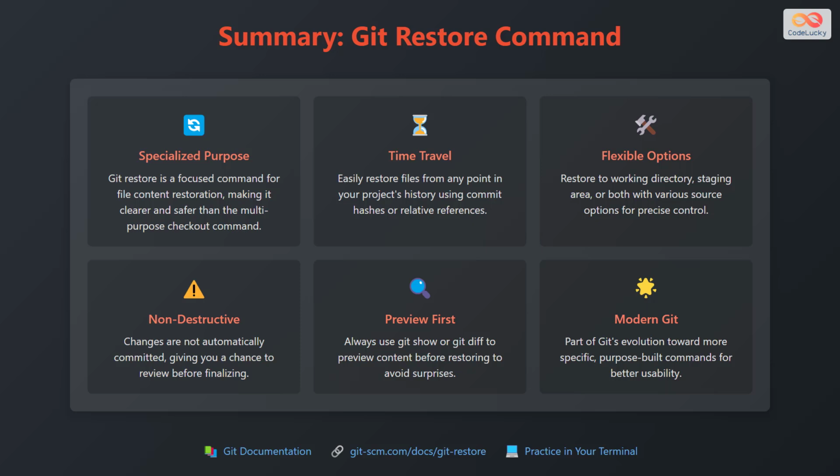Changes are not automatically committed, giving you a chance to review before finalizing. Always use git show or git diff to preview content before restoring to avoid surprises. And remember that git restore is part of Git's evolution toward more specific, purpose-built commands for better usability.